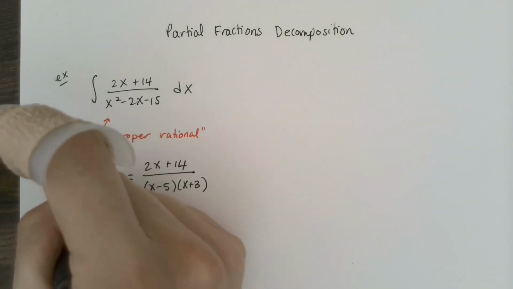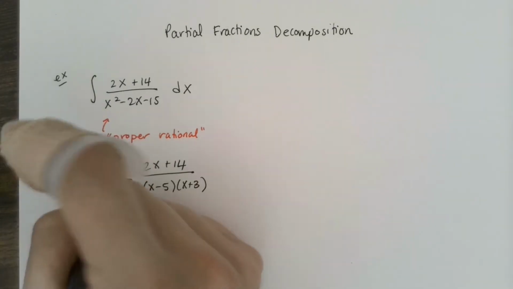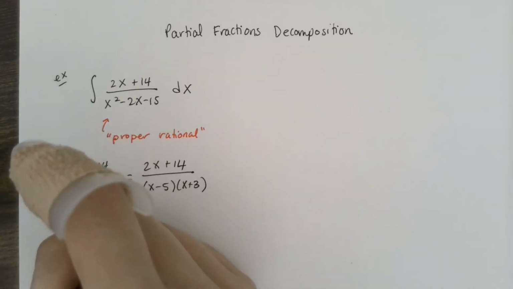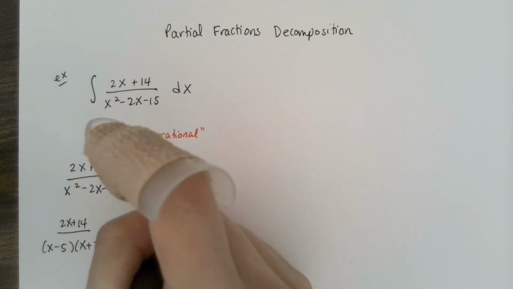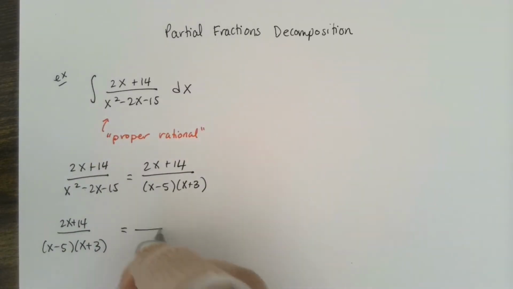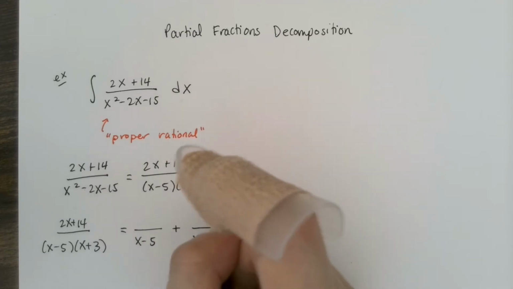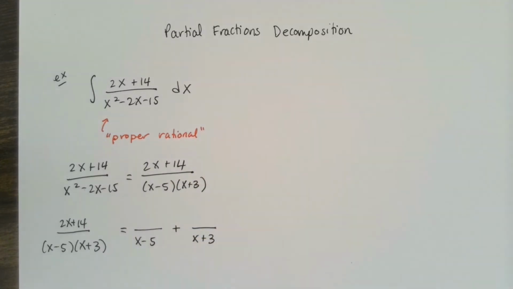Okay, so we take our rational, and we say, because of the way this rational looks, I know it can be written as the sum of something over x minus 5 plus something over x plus 3. And each of those somethings, those mystery numerators, are going to be some kind of number.